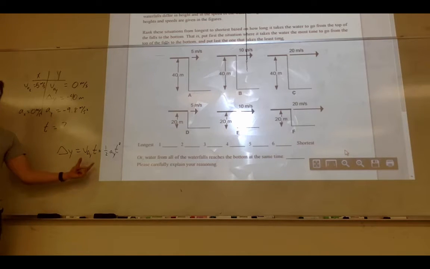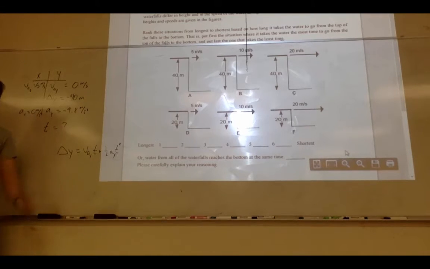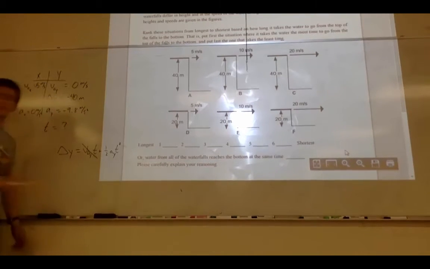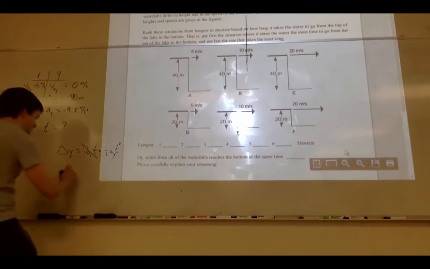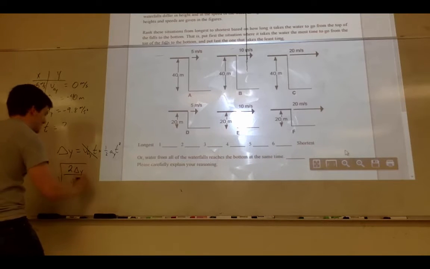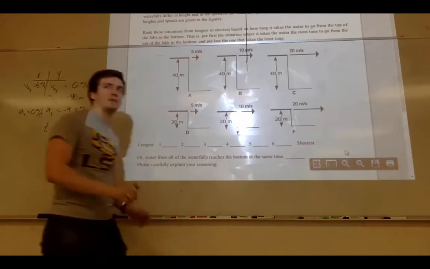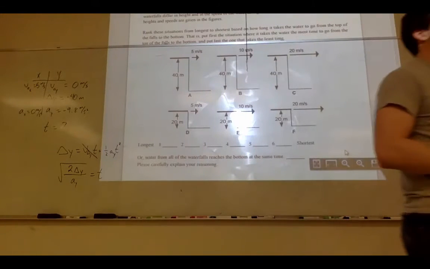Is that going to change for any of these, A through F? Why? Because they're all moving only in the x direction, which means there is no y velocity, which means we can rearrange this and solve for time and get the square root of 2 delta y over ay equals time.